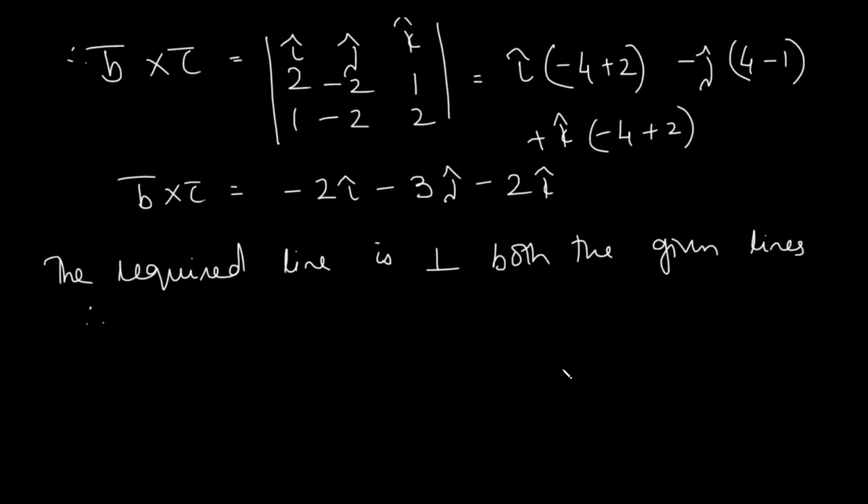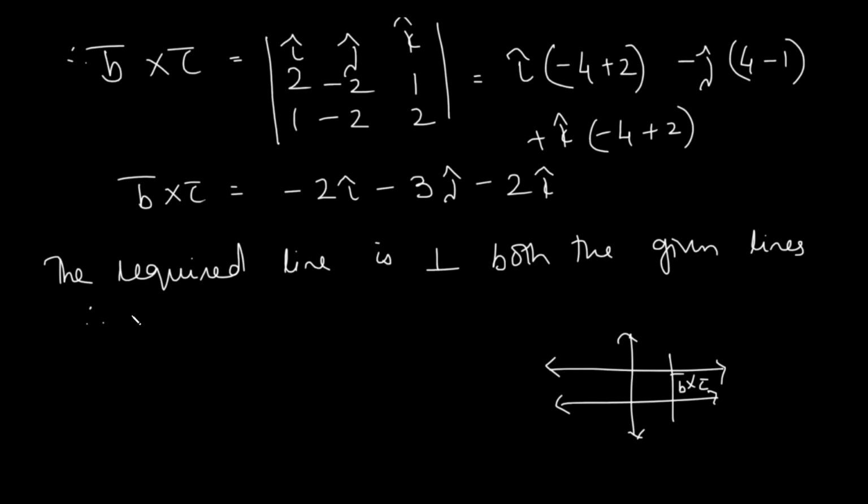It is like this: the given lines are this way, and the required line is perpendicular to both these lines. Both these lines are perpendicular to this particular vector, B cross C. That means the vector which is parallel to the required line is B cross C.